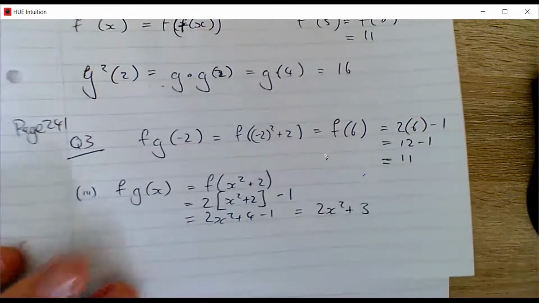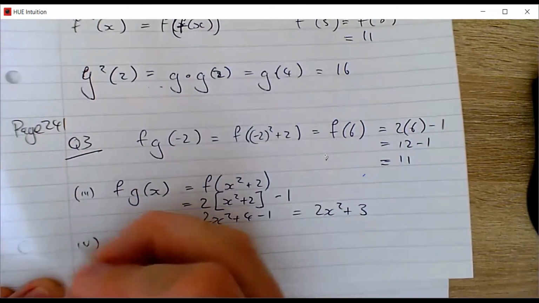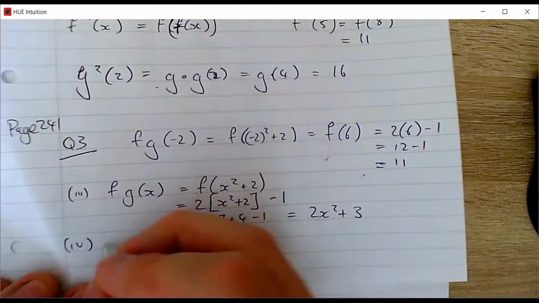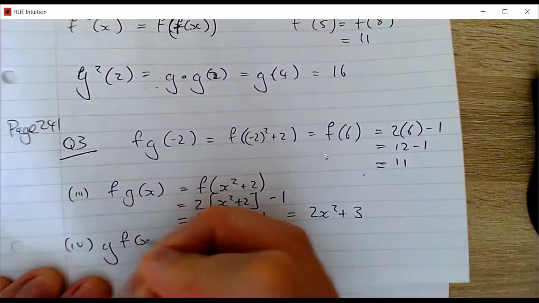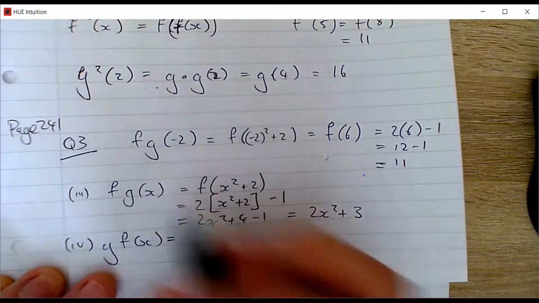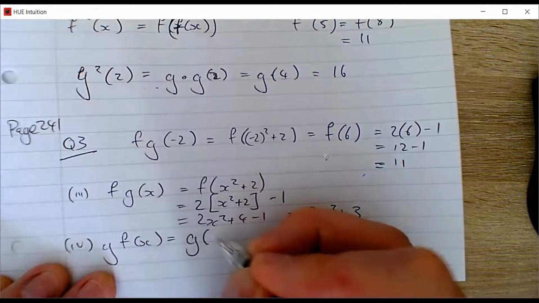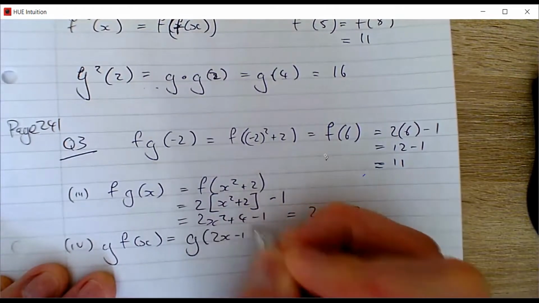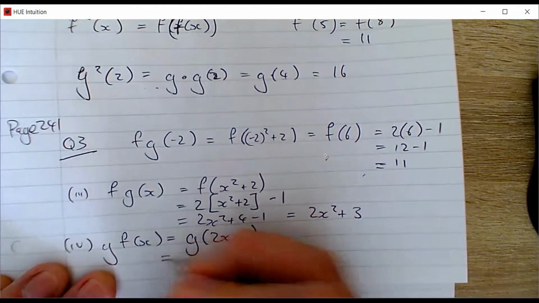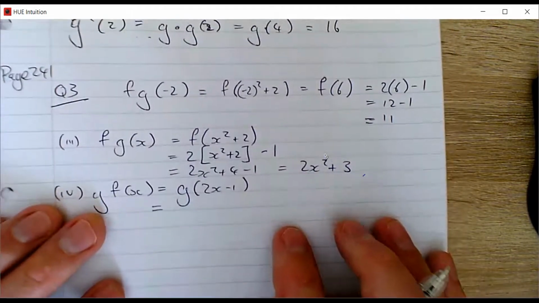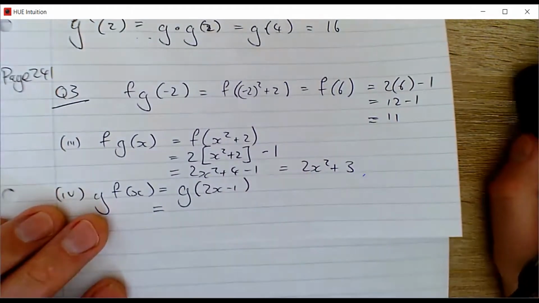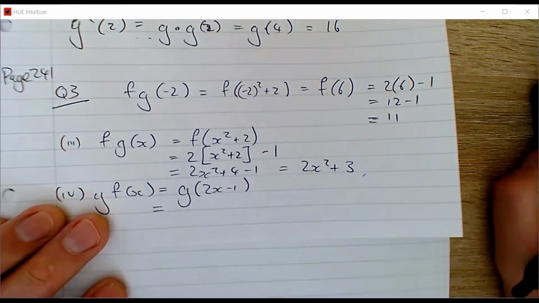And the fourth part is g of f of x. Well, that means you do f of x first, and it's g of 2x minus 1. Our rule for g is x squared plus 2.